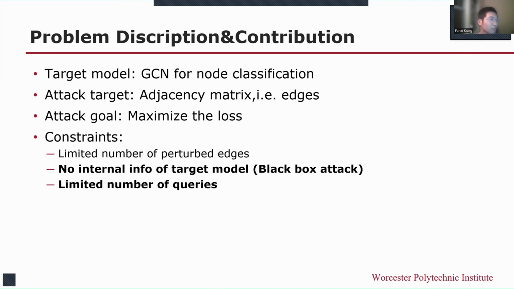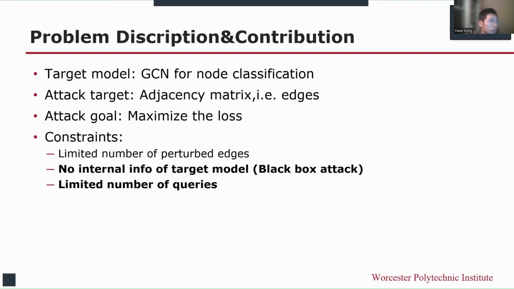Besides, in our project, we consider conditions that are more general and more difficult. We have no information about the target model, like its layers, parameters, or structure. This kind of attack is called a black box attack because the target model is like a black box to you.